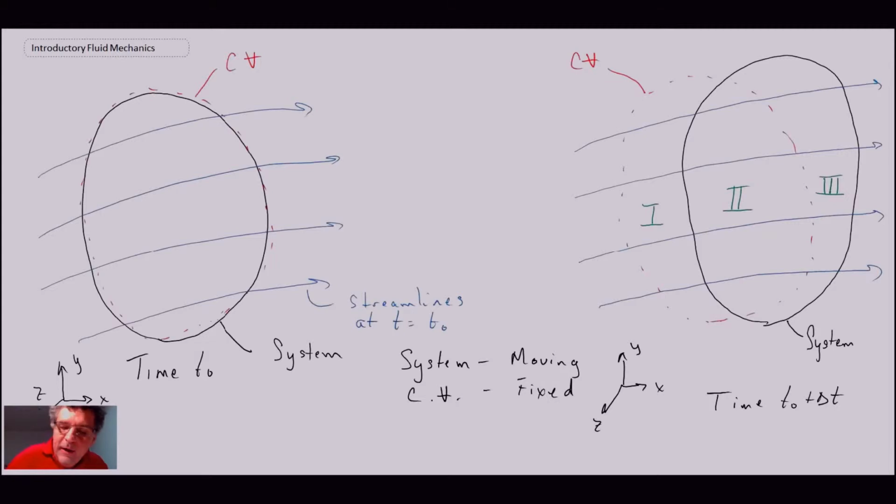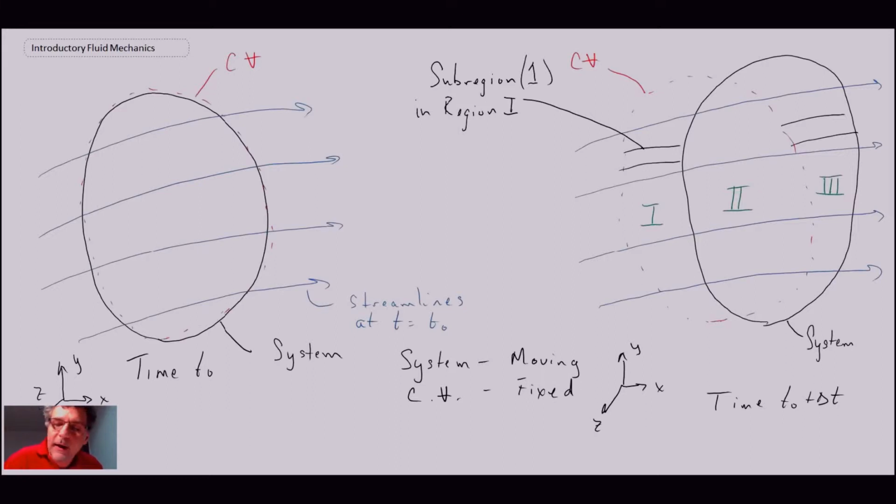So let's begin with the differential element in region 1. And the second differential element we're going to look at is over here in region 3, and I'll call that subregion 3. So that's subregion 3 in region 3, and we're going to be looking at those in further detail.